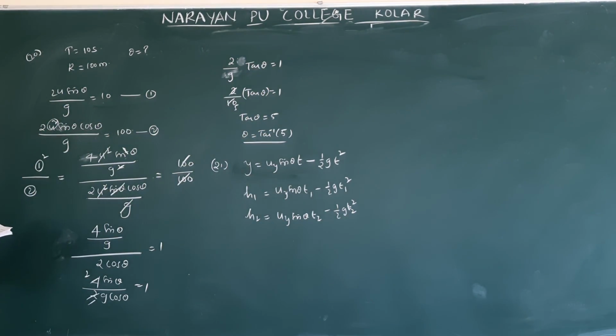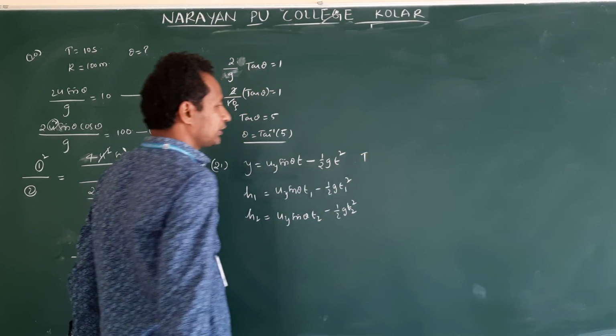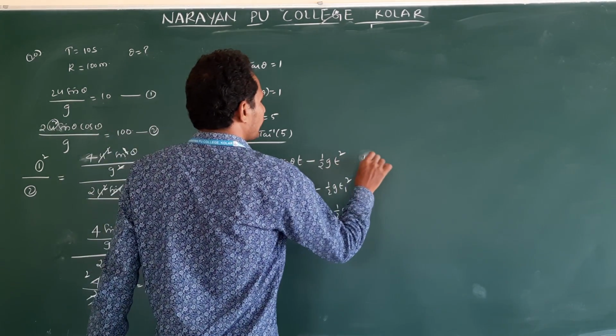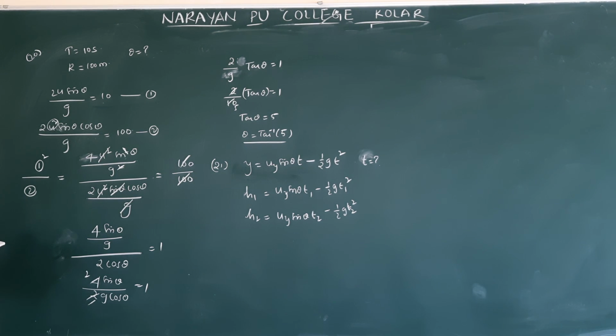Clear? Then the ball is thrown at an angle with the horizontal and its vertical displacement is 0. Then the time of flight. They are asking t. Time of flight means for this journey, whether you take it as capital T or small t, we have to get it in terms of t1 and t2, right?